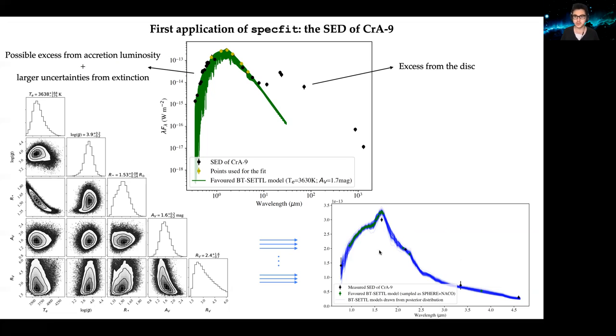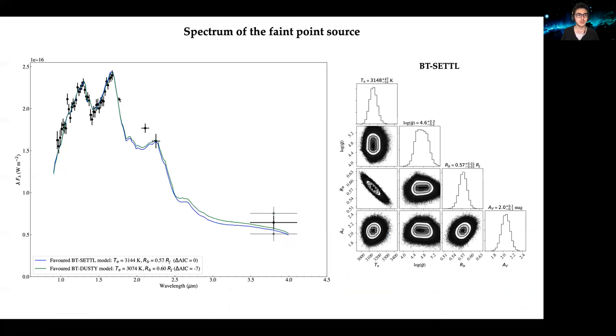So the spectrum of the point source is obtained as this spectrum of the star multiplied by the contrast spectrum I showed earlier. Once we do that, we obtain these black error bars here, which we also characterize using SpecFit. So this time we use the BT-Settl and BT-Dusty grid of models, which have slightly different assumptions regarding the dust in the photosphere.